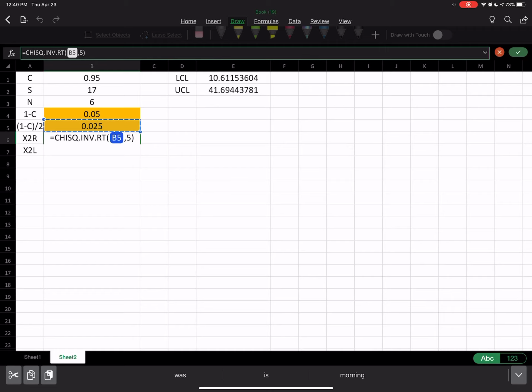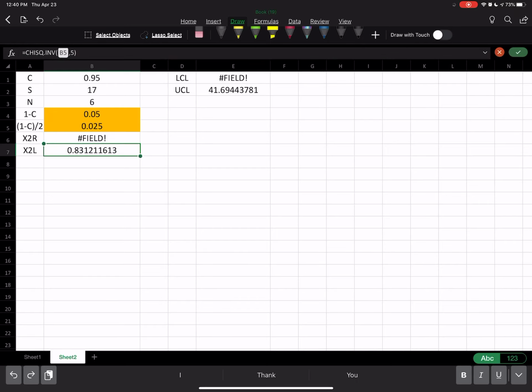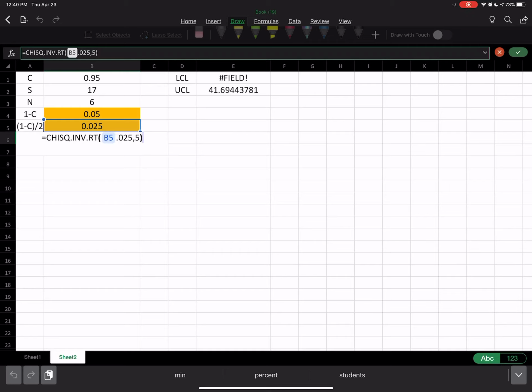So you could have just written 0.025 with n minus 1, which is 6 minus 1, which is 5 degrees of freedom. Oops, it didn't like it. I forgot to delete the B5.